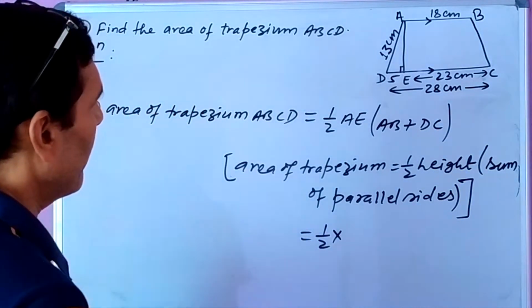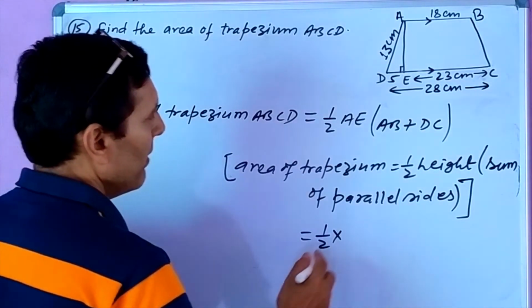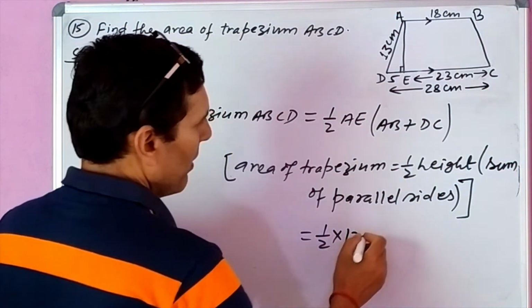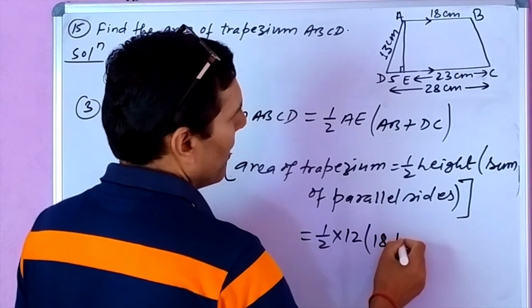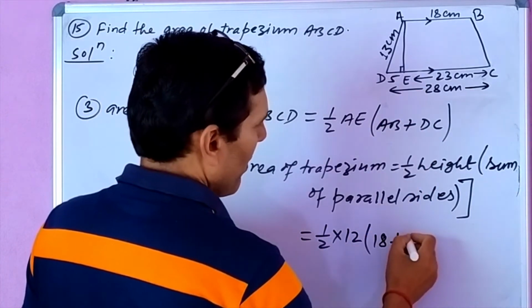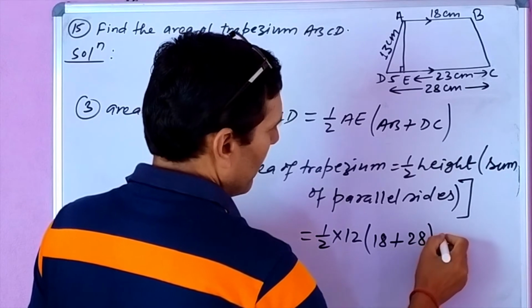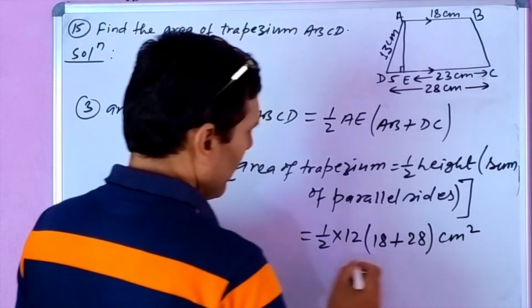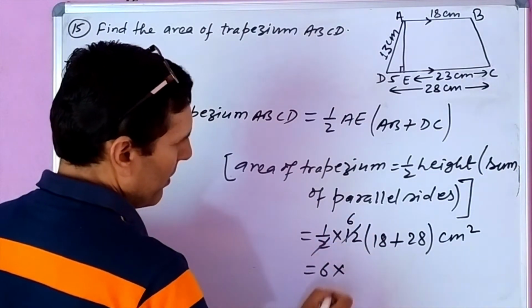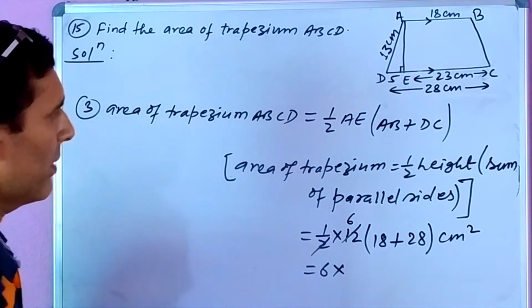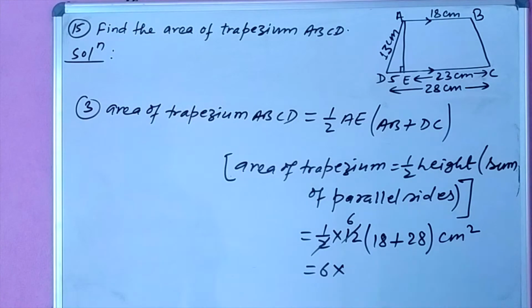So what is the value of AE we have just obtained? It was 12, and AB 18 plus 28 square centimeter, that is 6 into 18 plus 28.